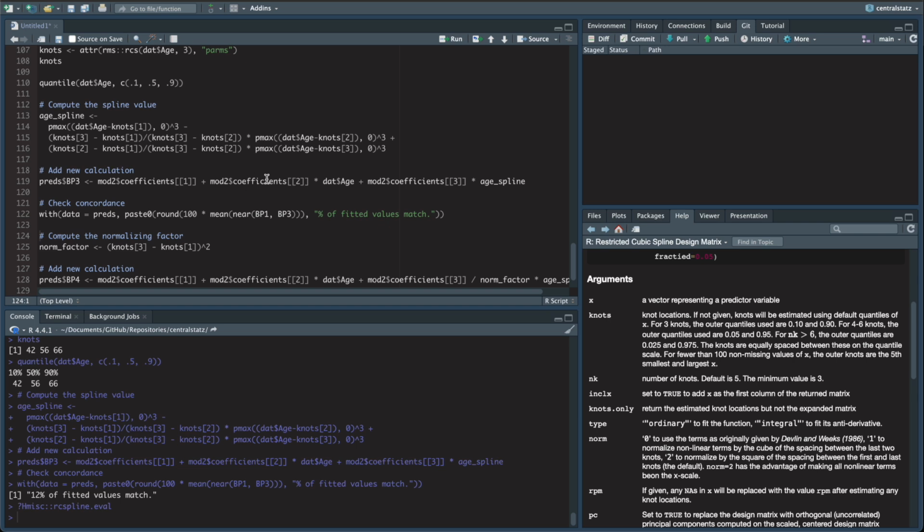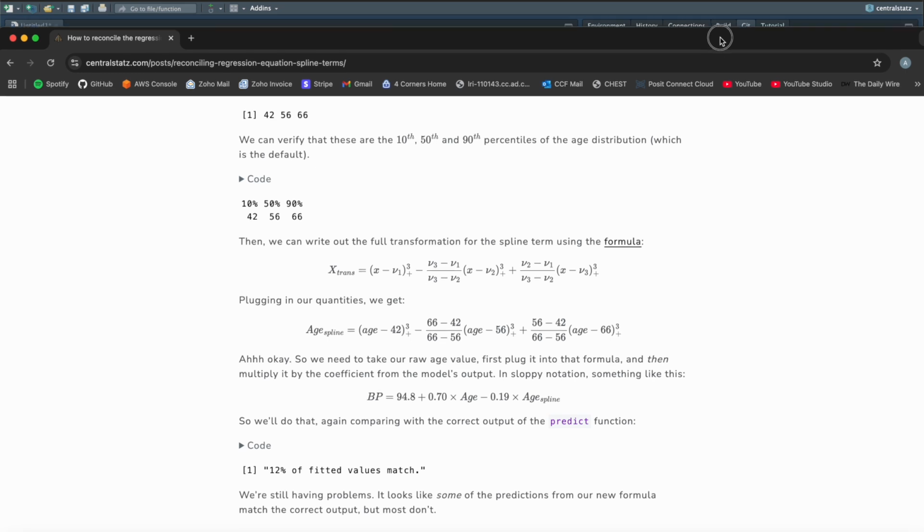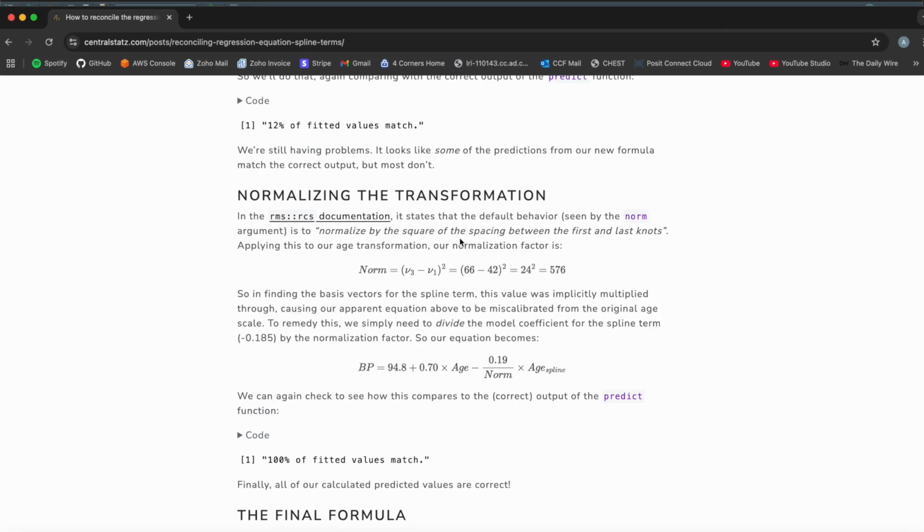So in order to reverse engineer what it did internally to again get our regression equation back on the scale of age in years, we need to recover this normalization factor and multiply that through things. So if we look back at the blog post, the square of the spacing between the first and last knots, so if we just calculate what that is, ends up being 66 minus 42 squared is 576.